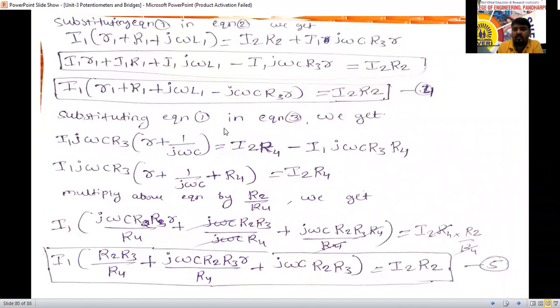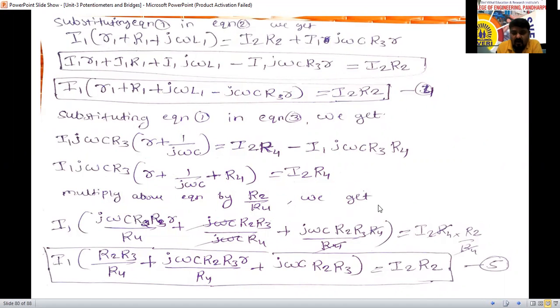So substituting equation number 1 in equation number 3, we get here, the IC term was there in this place. I1 j omega c R3 I have substituted. This is as it is, and I2 R4 as it is, minus the IC term. In this IC term, I will substitute this one into R4 here. So now here, what you have to do, I1 j omega c R3 into R1 plus j omega c as it is, you keep down.